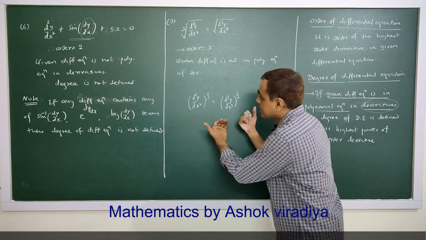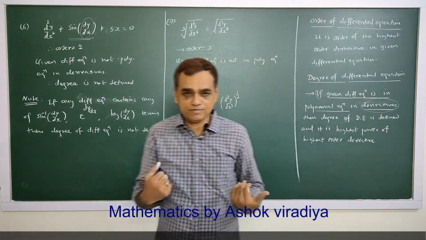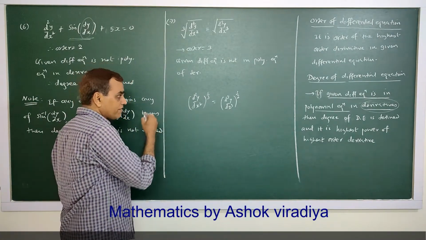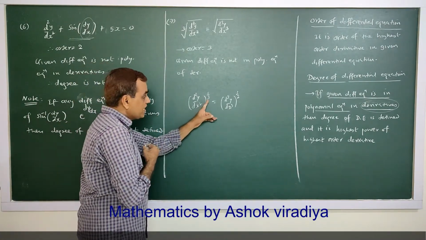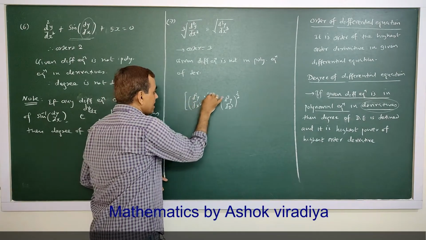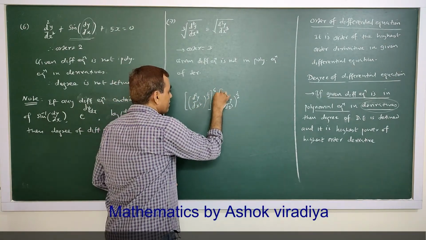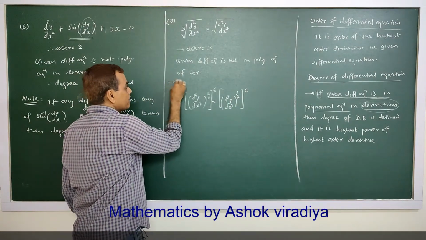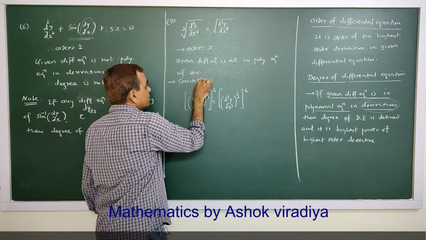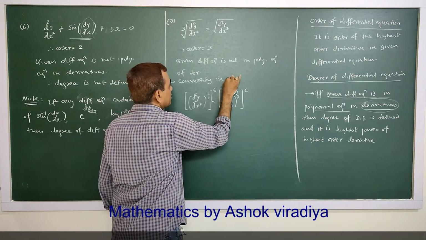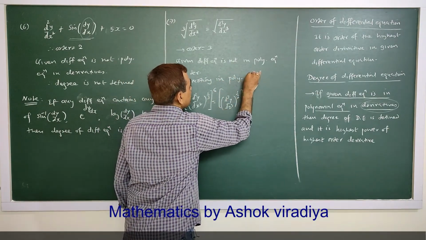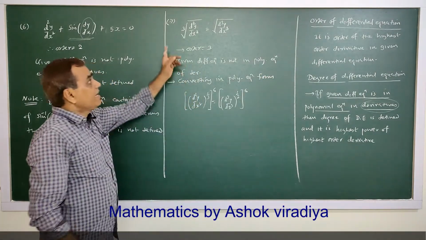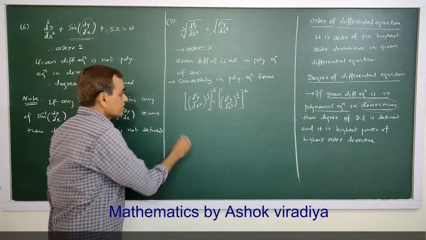So this can be converted into polynomial form. To convert this into polynomial form, what do we do? Taking power 6 on both sides.